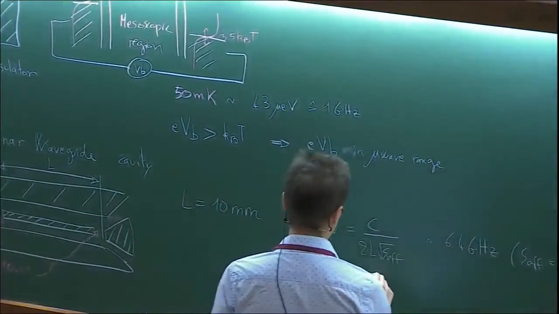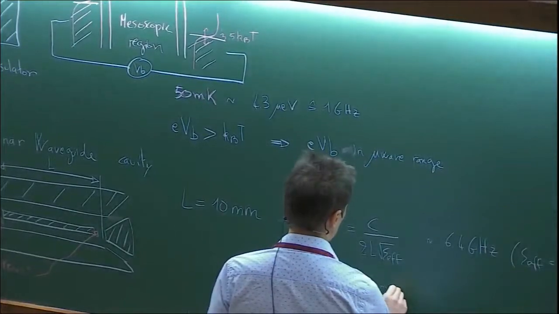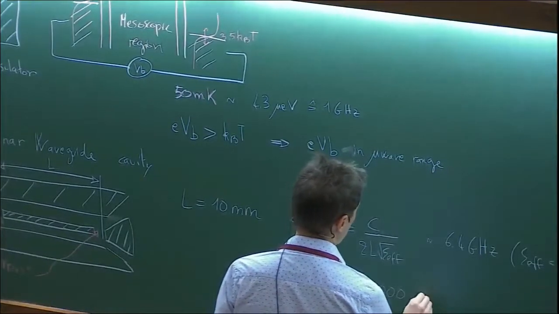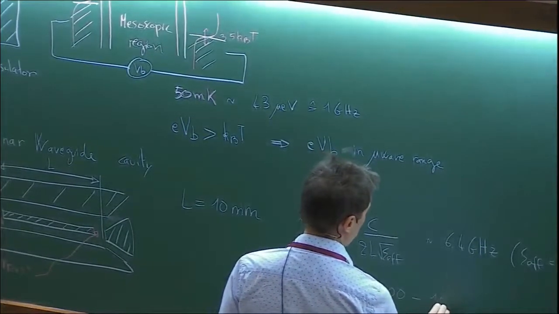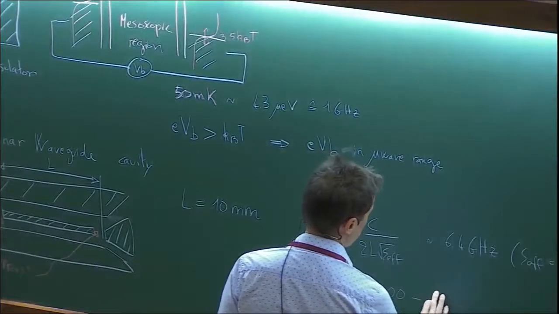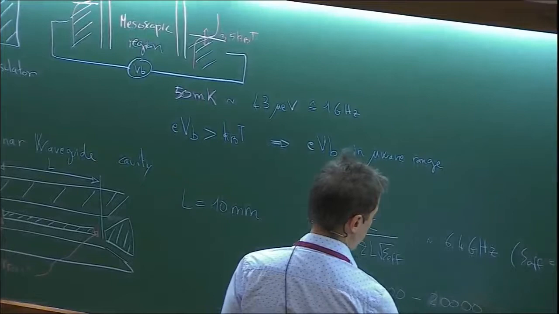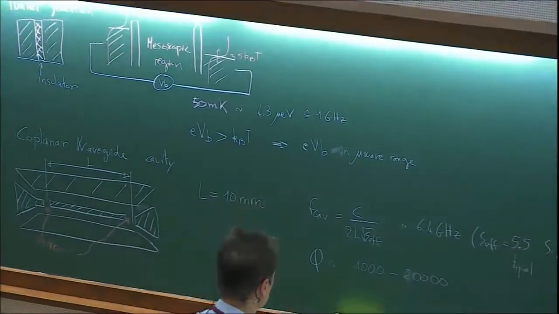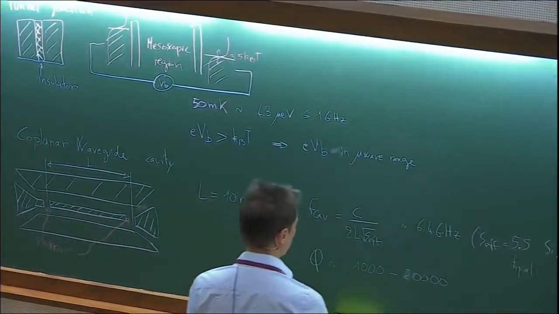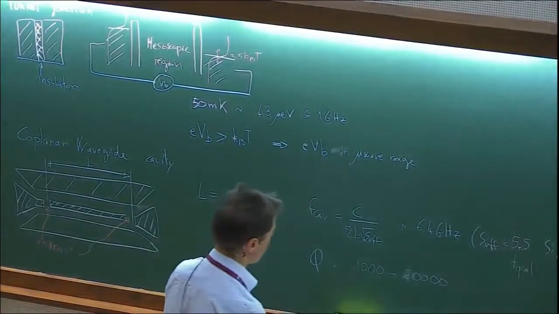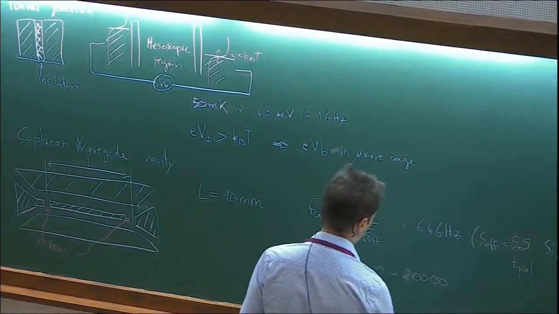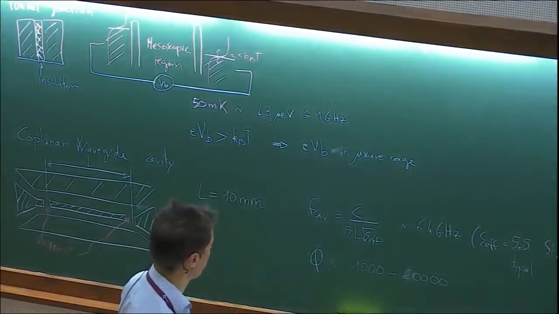Typically, for mesoscopic QED, it's in a range of 1,000 to 20,000, essentially, something like that. Well, it can be even larger.